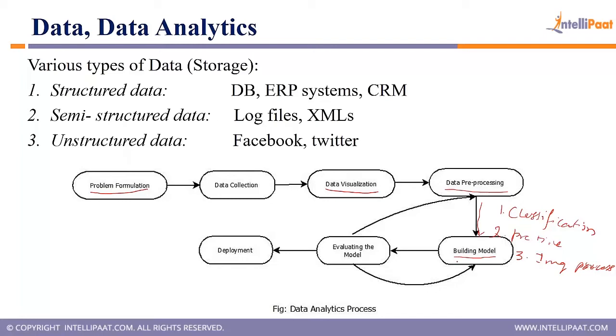We can build a list of models, and then evaluate them. The model is built on top of training data, and we evaluate the model using test data. Every time, data is divided into two parts.